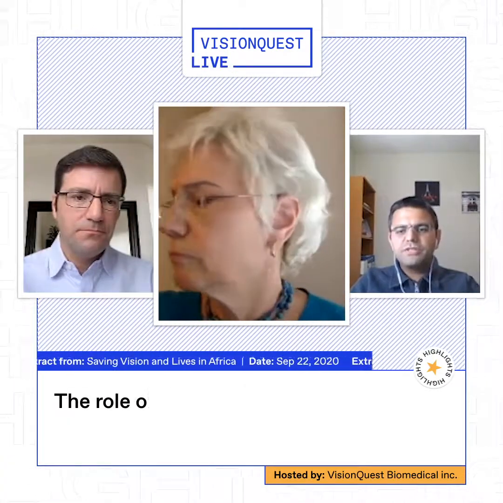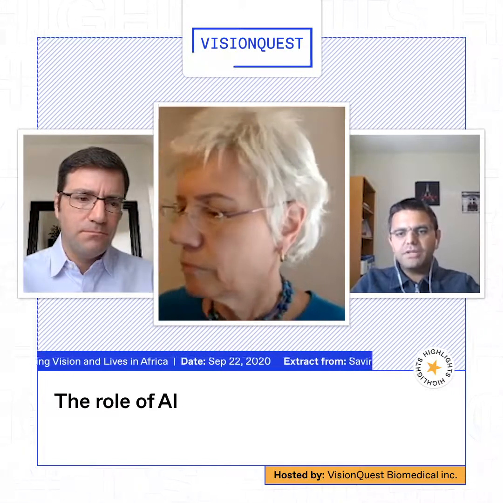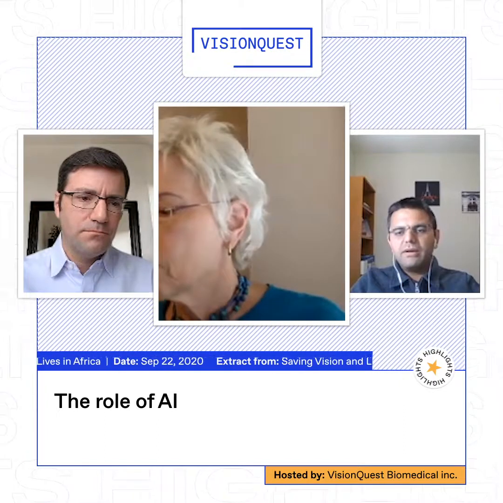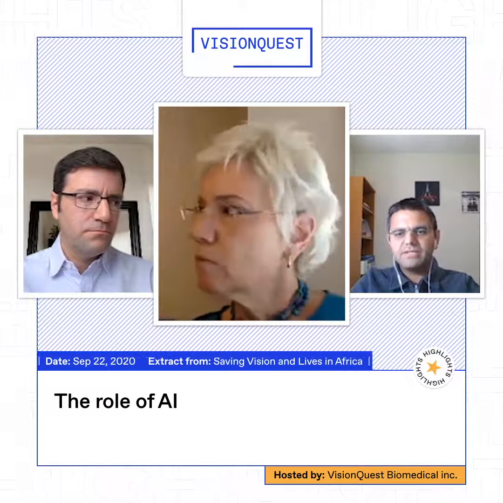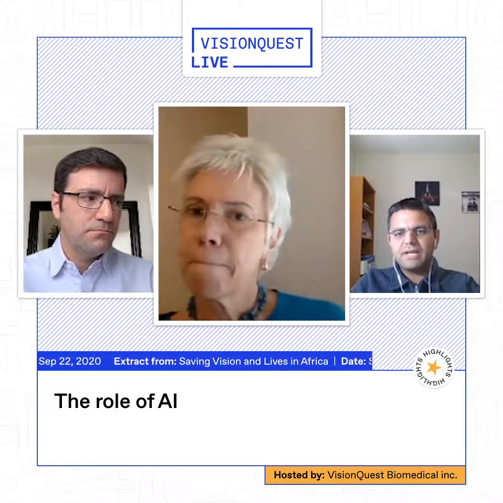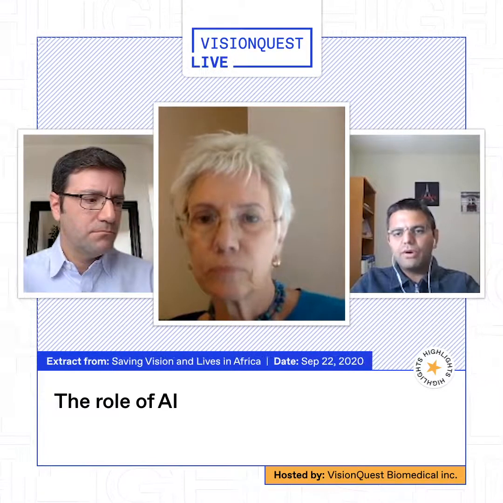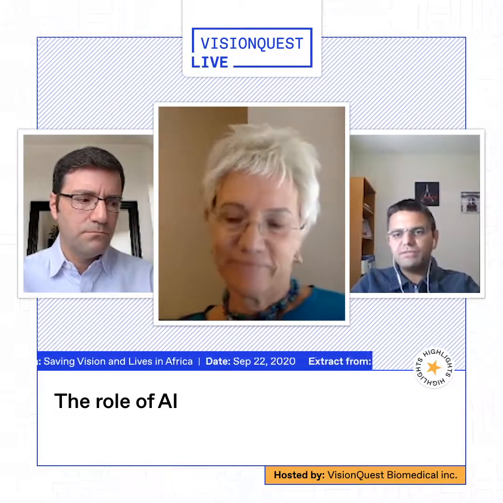I wanted to switch gears a little bit and ask you about where artificial intelligence can play a role in this. We hear about different diagnostic software being developed, different integrated systems that combine a camera and software together, and they screen for diabetic retinopathy or other eye diseases as well.